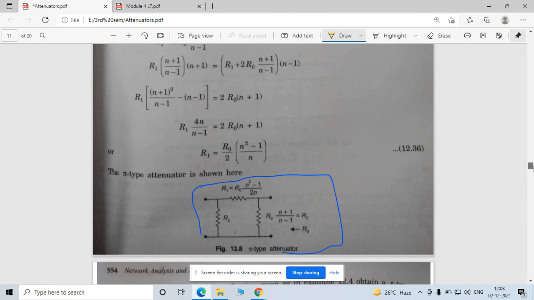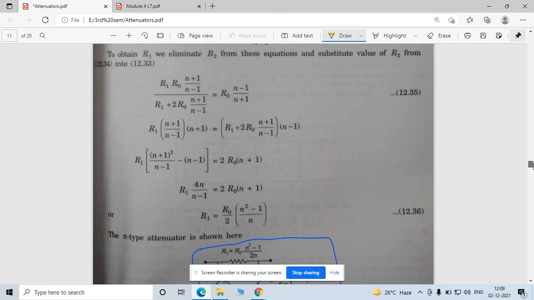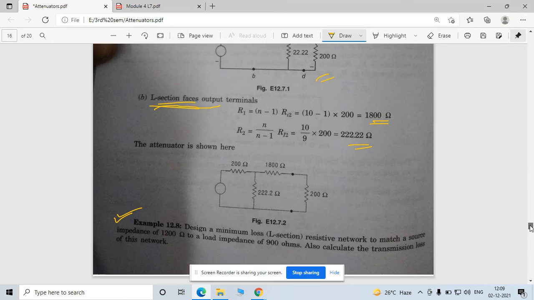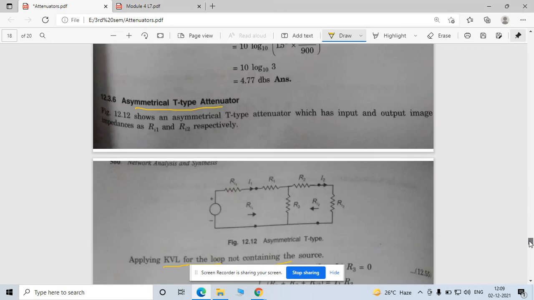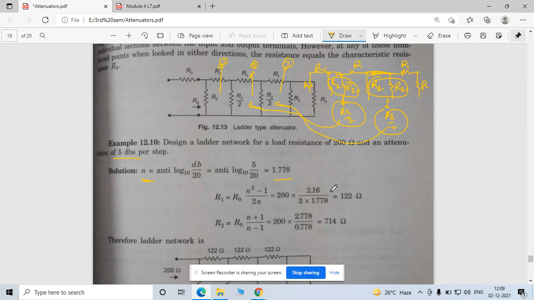And the same way, R1 is nothing but your R naught by 2 times n square minus 1 by n. So use that equation here. R1 is R naught times n square minus 1 by 2n, that is R by 2. These are the same equations. So you are using this R1 and R2, and by this you can easily find out your R1 and R2 values.